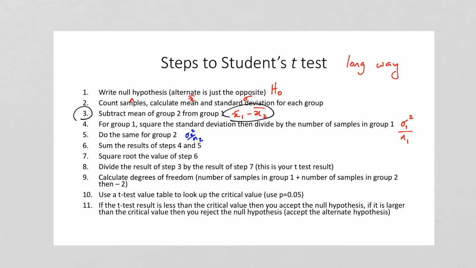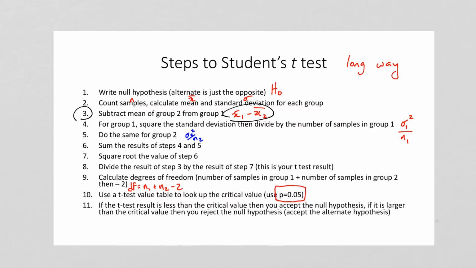And then you're going to get into your table where you have to calculate degrees of freedom, which sounds complicated, but is really, really simple. It's just n1 plus n2 take away 2. And that's going to help you figure out your row to look on your table. You're going to use a t-test value table to look up the critical value. You're always going to use, unless told otherwise, p is 0.05.